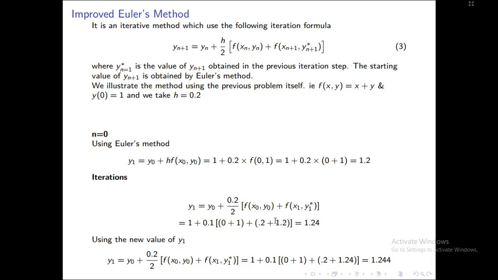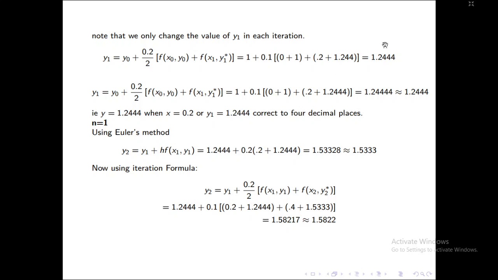So we just replace this 1.2 with 1.24, and it becomes 1.244. In our next step, this y1 star is replaced with 1.244, and that will give 1.2444.